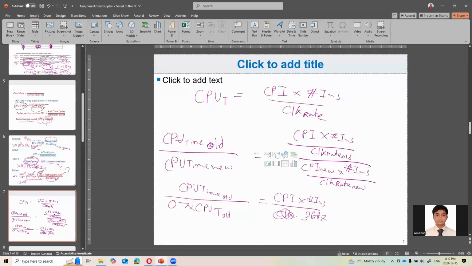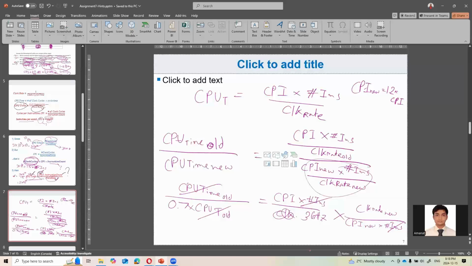Okay. And then let's flip this. The thing in the bottom, we have to flip it. So clock rate new divided by CPI new multiplied by number of instructions. We know the number of instructions stays constant, so we can cancel these two out. The CPU time old and the CPU time old get canceled out. We know CPI new equals 1.2 of CPI old.